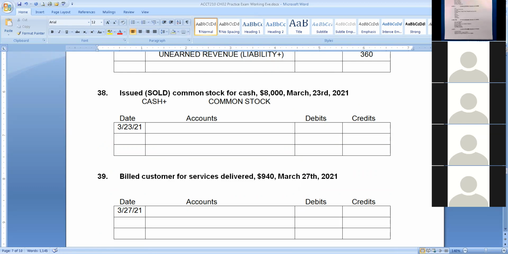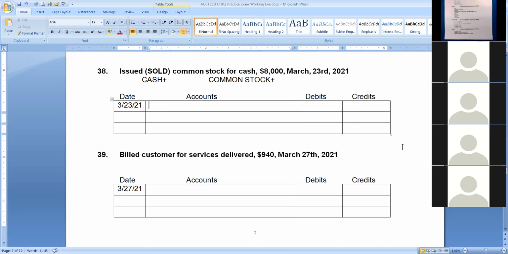Up. Journal entry. Common stock is a credit. Cash is a debit. Yep.